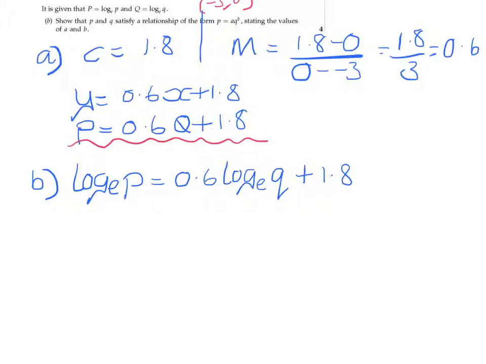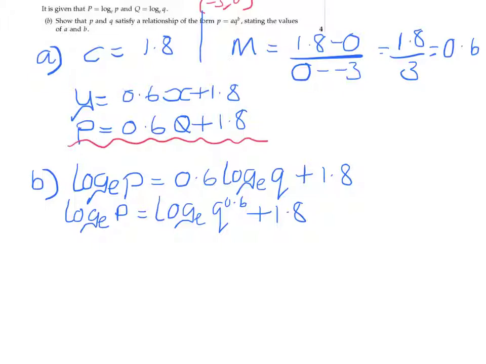Now I'm going to try and rearrange things using my knowledge of logs. I'm leaving the left hand side alone. I'm using my third log rule to move my 0.6 to become an exponent of Q. So this will be log base e of Q to the power of 0.6.